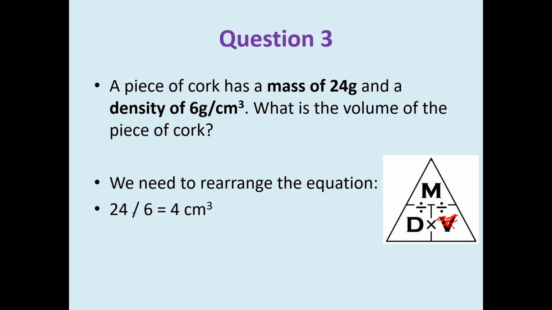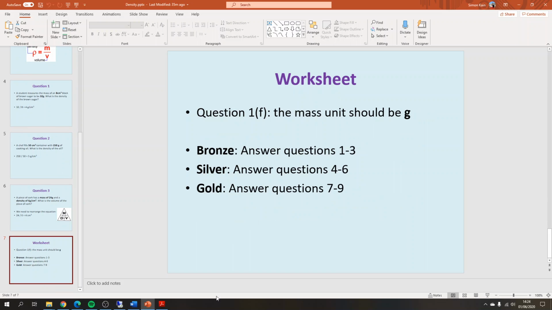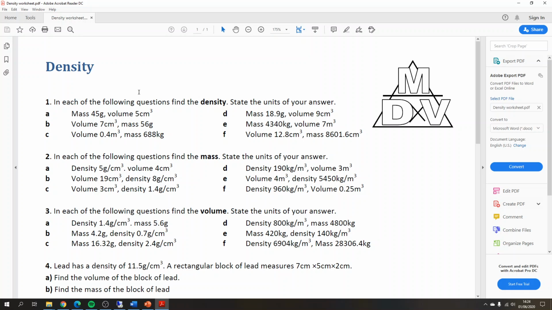So what I'd like you to do today for this lesson is have a go at practicing using this equation. To do that, have a look at the worksheet which I have put on Google Classroom, which is this one, and there's a few questions for you to answer. Here's your triangle. Sorry, it's come out a bit big.